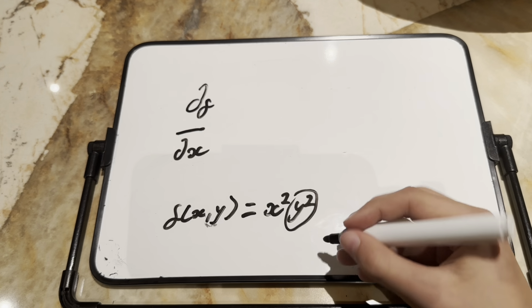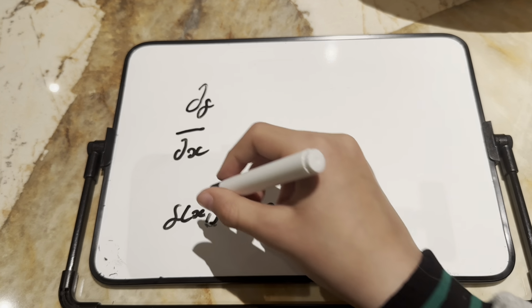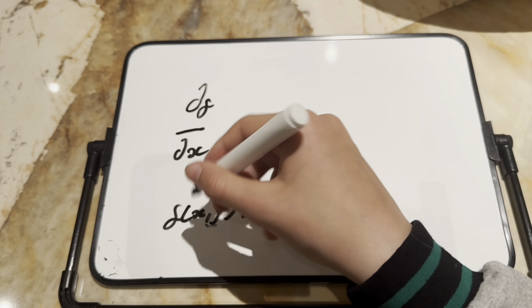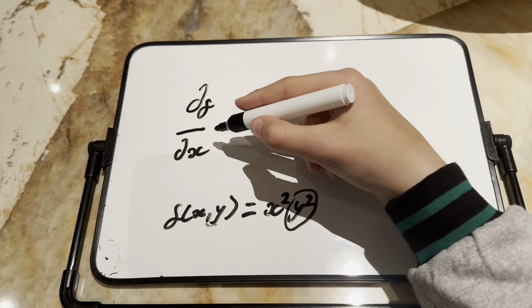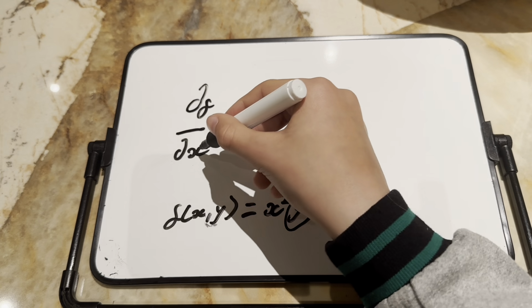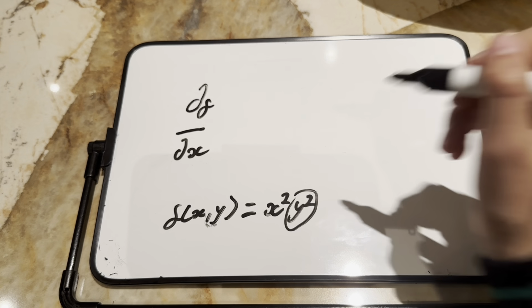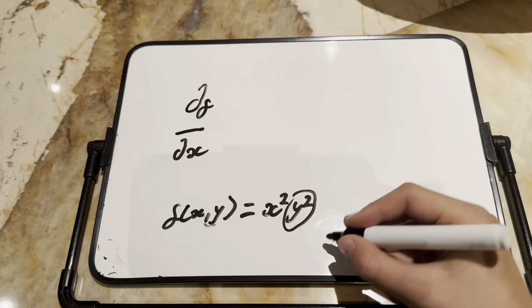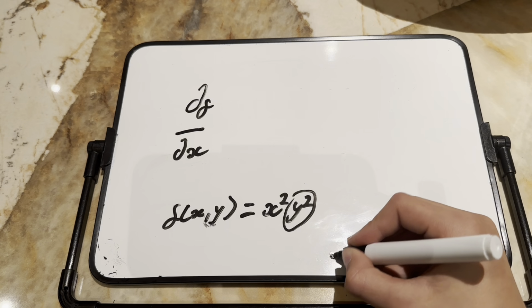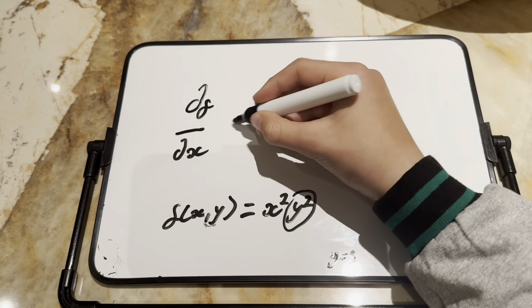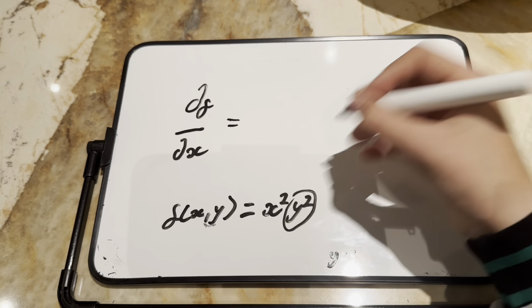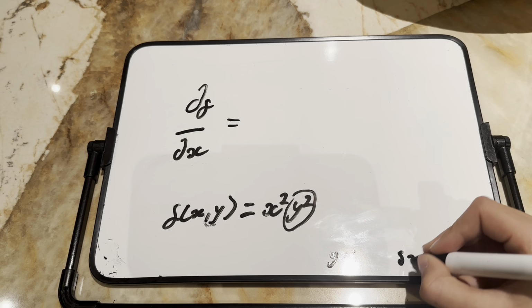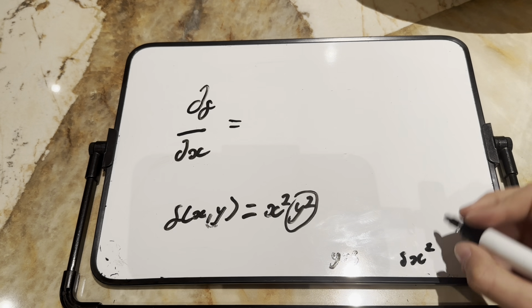So usually I just say, if you see anything that's not what it's with respect to, for example in our case x, I just say any other variables are equal to 5. So y is equal to 5. So the partial derivative of x squared y squared would be 5x squared.